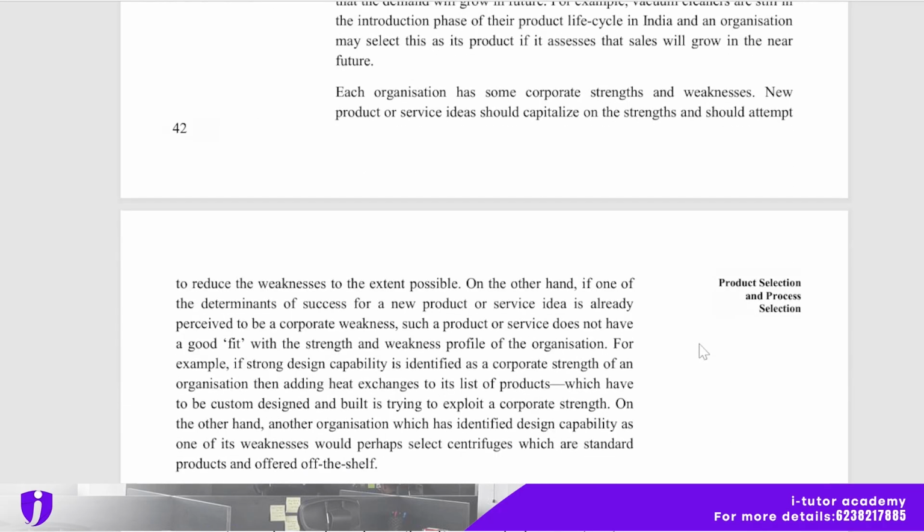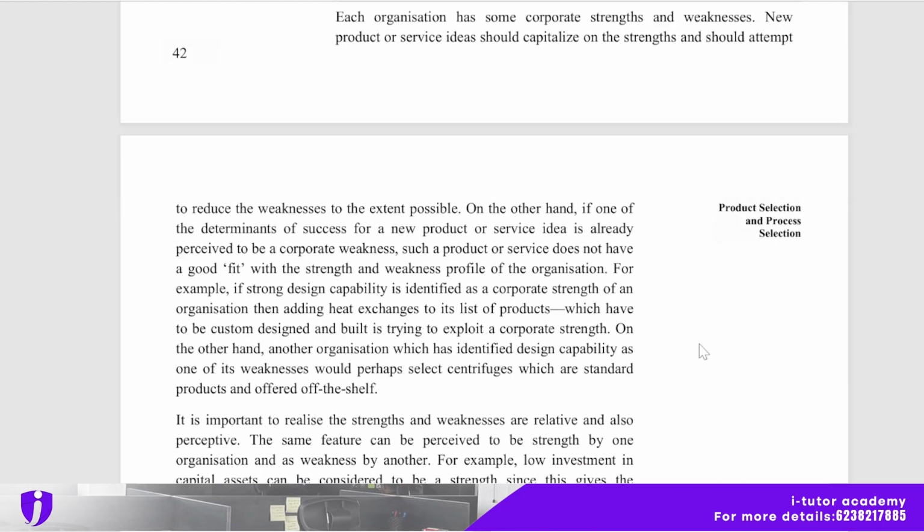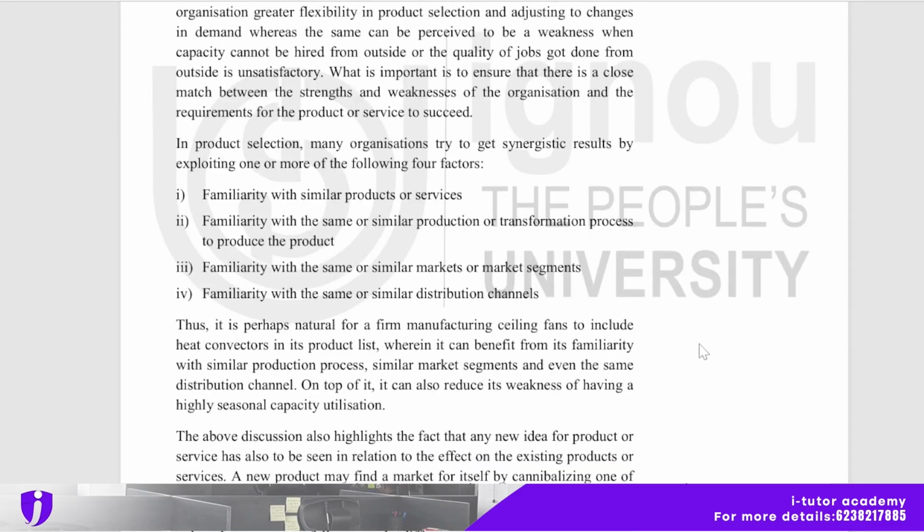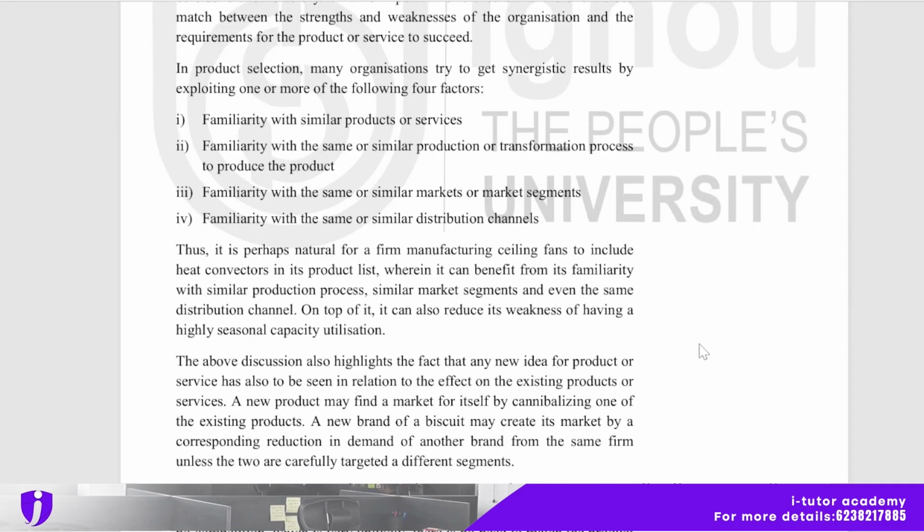And each organization has some corporate strengths and weaknesses. A new product or service idea should capitalize on the strengths and should attempt to reduce the weaknesses to the extent possible. So in product selection, many organizations try to get synergistic results by exploiting one or more of the following four factors.